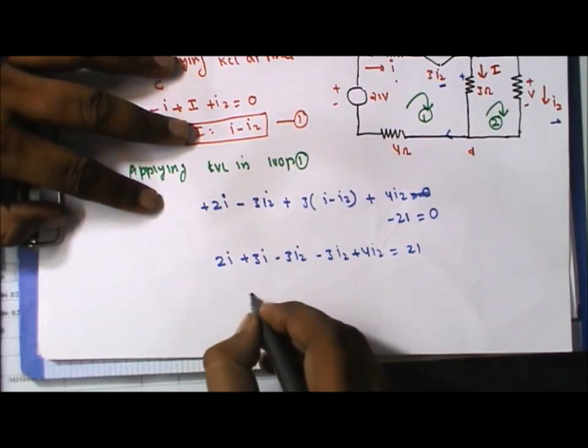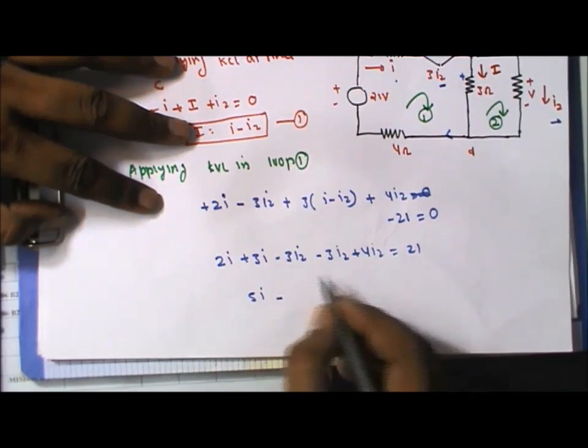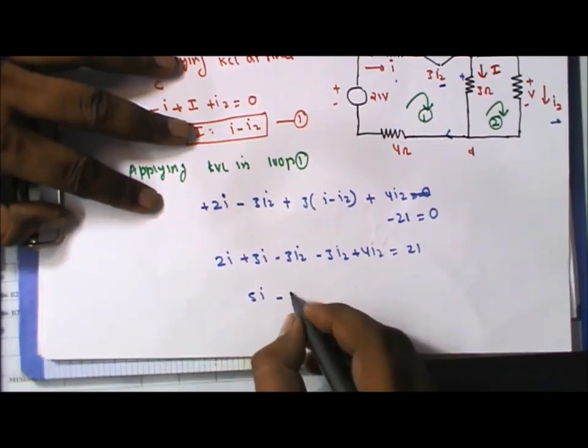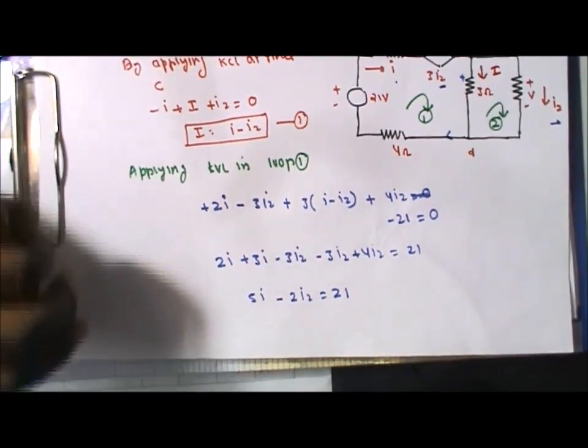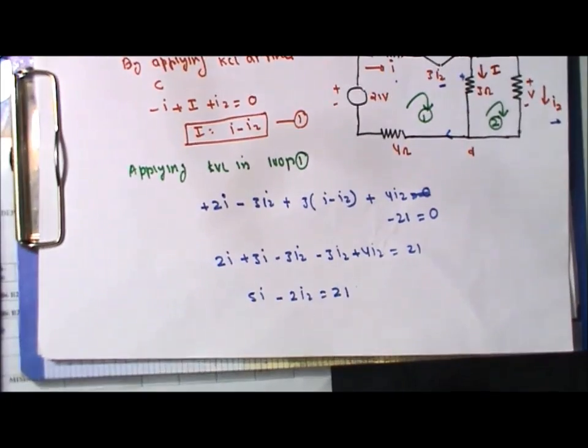And we can solve it. 5I, this is minus 2I2 should be equals to 21.